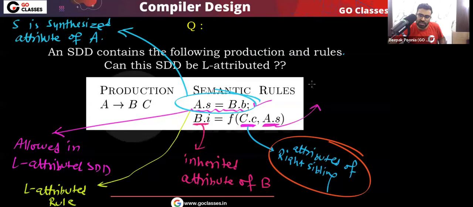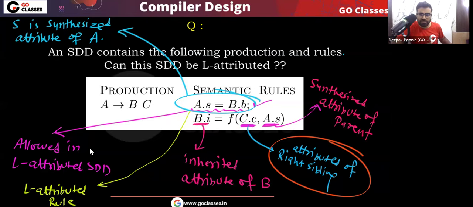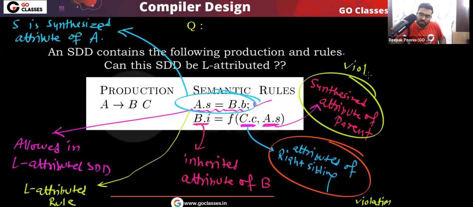So finally, can this SDD be L attributed? The answer is no.